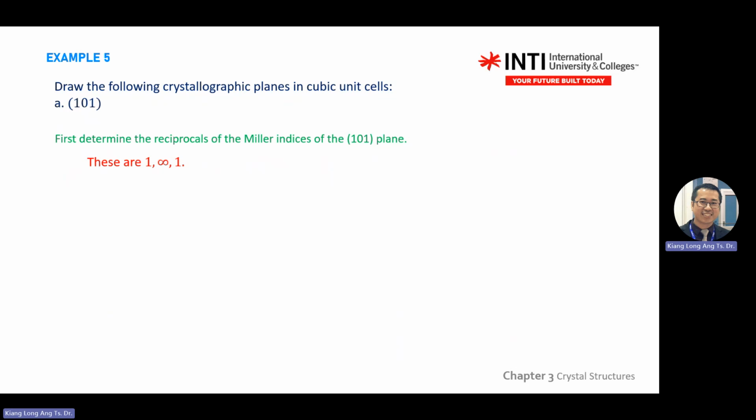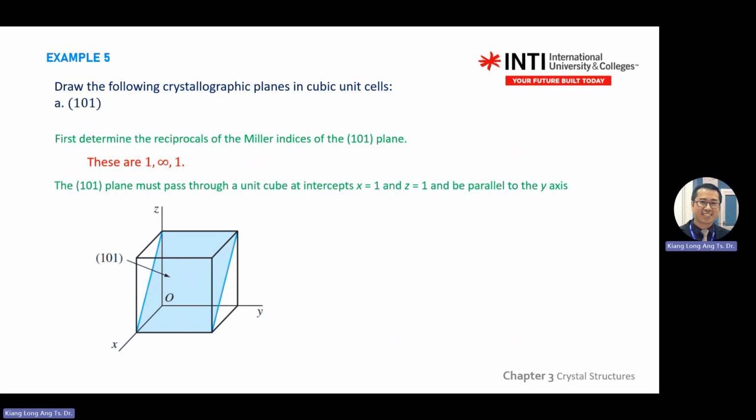So how you arrive at 101, you reverse the steps, because before you arrive at this one, you do reciprocal, right? You reverse the things. 1 over 1, you still get 1. 1 over 0 is infinity. 1 over 1 is 1, so you get 1 infinity 1.